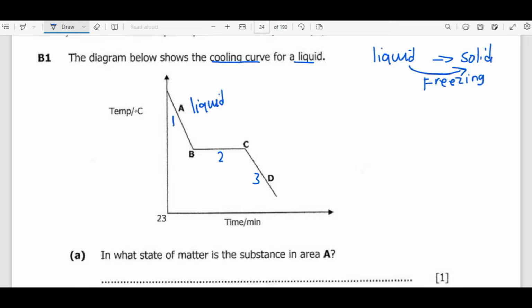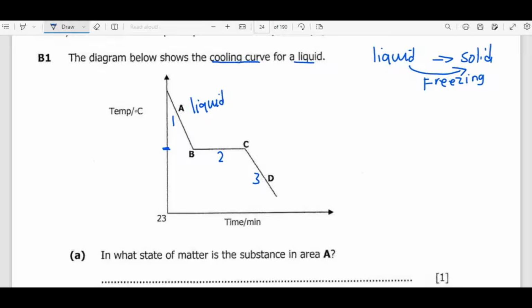Now, whenever the substance is cooling, it means that the temperature is reducing, or we are removing the heat from that substance. At point B, the temperature is the temperature at which the freezing is taking place. So the liquid here starts to freeze.